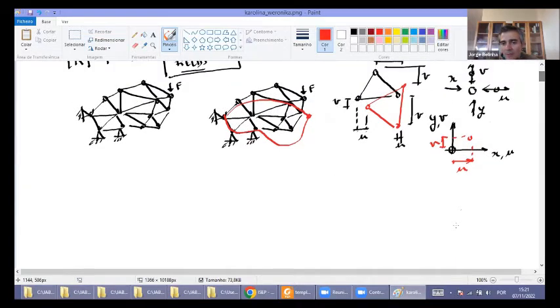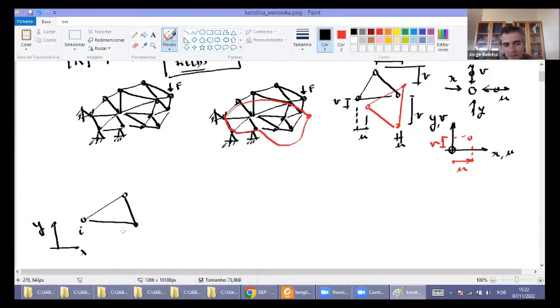So let's imagine the following. Let's choose here a triangle. In this triangle, these are the axes, x and y.